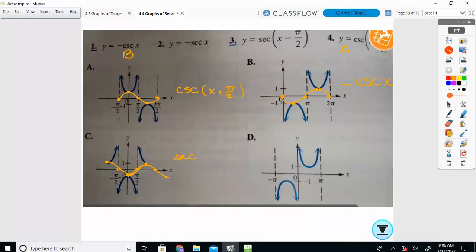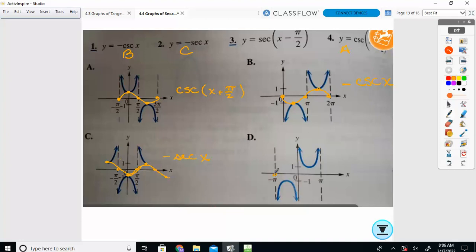Except what's wrong with it? It's flipped. So we could have done a left or right, but if we look, we really don't have to. This is like our normal secant graph, just flipped. So this is a negative secant of x. So number 2 is graph C.